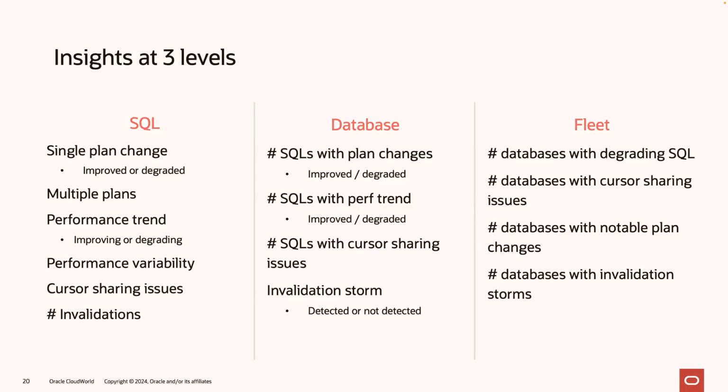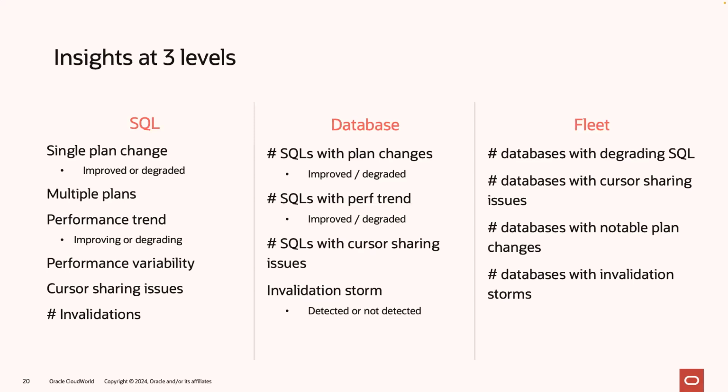But that's the main job of the optimizer: to change plans for the better. Everybody knows about the bad plan change, and nobody hears about the good plan change. So one thing we want to do is quantify good plan changes. Let's tell people how good the optimizer is doing, not just raise the red flag when there's an issue. If the SQL has multiple plans, we'll flag that.